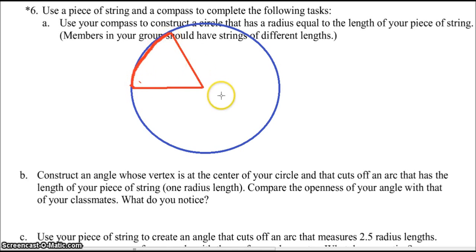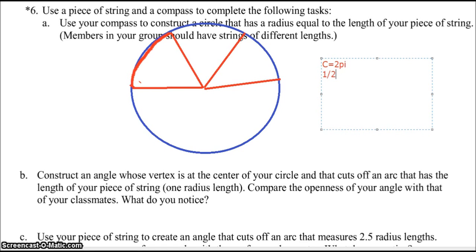There's 1, here's 2, 3. We should have almost 3. If we take that radius and we put it along the circumference, we should go around almost 3 times, because the circumference of a circle is equal to 2 pi radians.